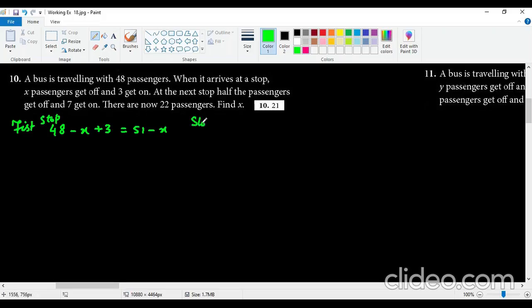Stop number 2, from this, which is the second condition after the passengers getting off, this becomes half. 51 minus x becomes half, and 7 more are added, which is becoming 22 passengers at the moment. So these are the two equations that are going to help us in solving the question further. Now this means that in the first one it's going to give us 48 plus 3.